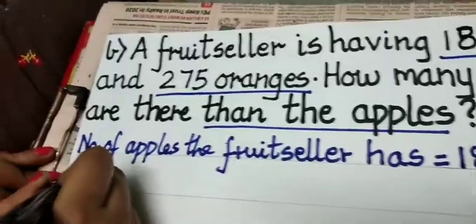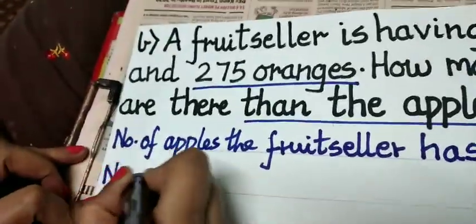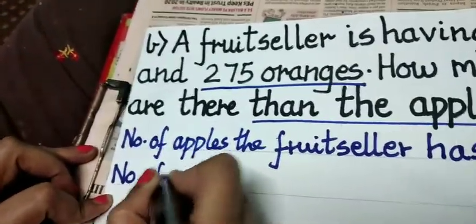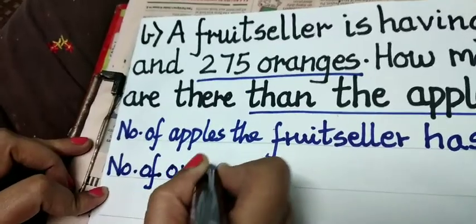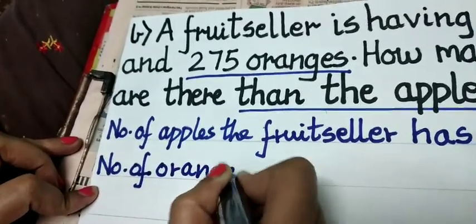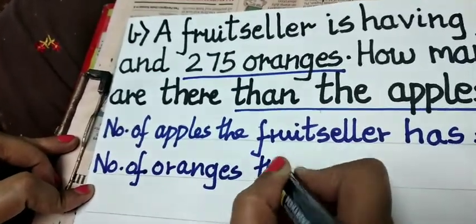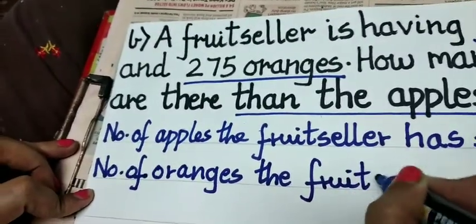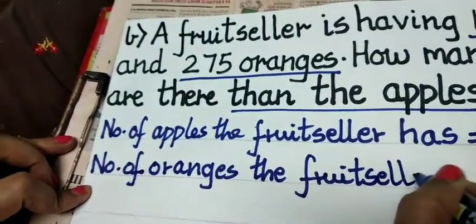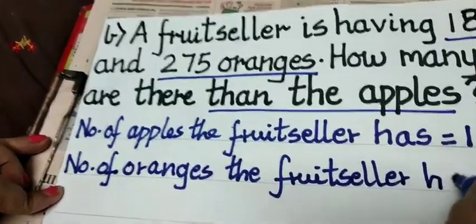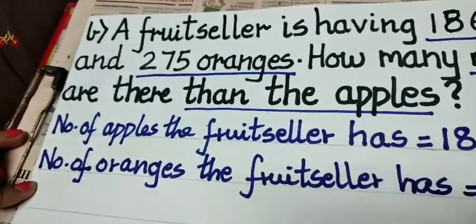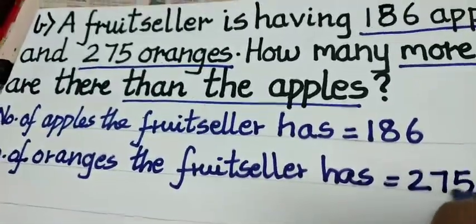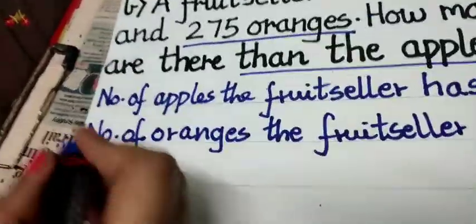Number of oranges the fruit seller has is 275.